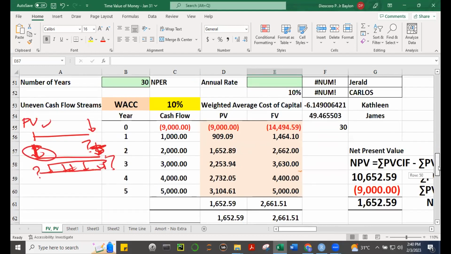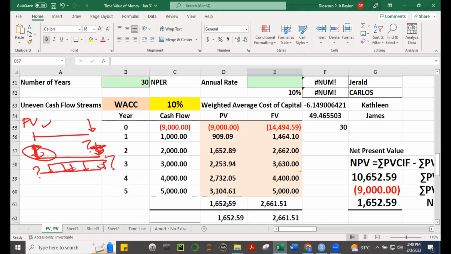By way of review, given a certain cash flow distribution with a certain initial investment, you can compute the net present value in two ways. Number one is to convert each of these cash flows to a present value, and then you add. You are able to add these converted cash flows since they are now equivalent to present values.